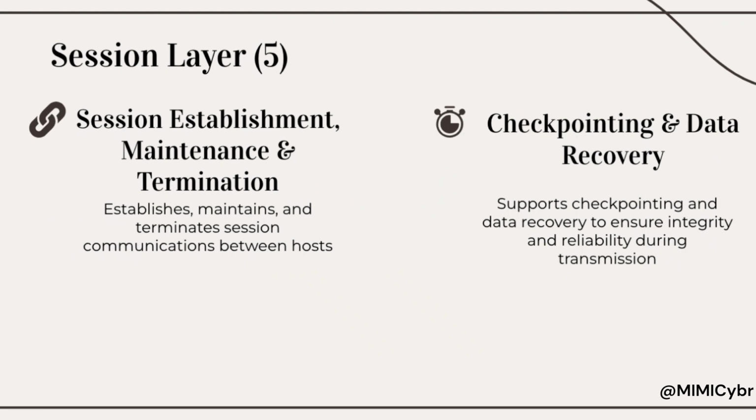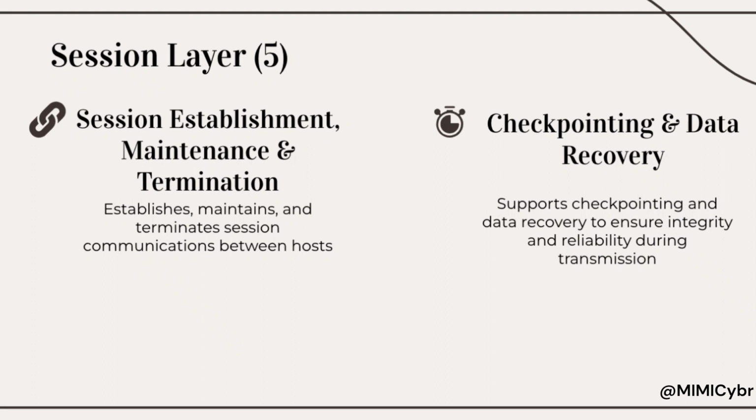So imagine you are sending a text message to a friend of yours, and over the course of sending that message, it wasn't received because of a bad network. The session layer is going to be the one to save the current state of that session communication between your device and your friend's device. So when the network comes back, the session layer resumes from the last known good state.